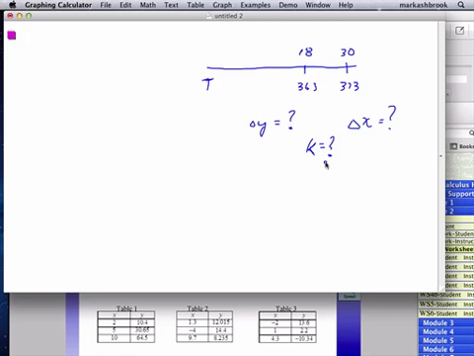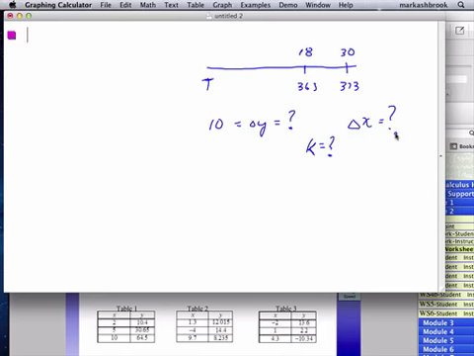Distance, be more specific. Distance traveled from marker 363. Change in distance from marker 363 to 373. What is that? Nice and easy. 10 miles. What is x in this case represented by? Delta x is going to be the change in time.